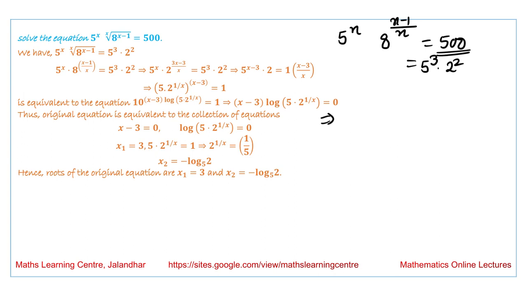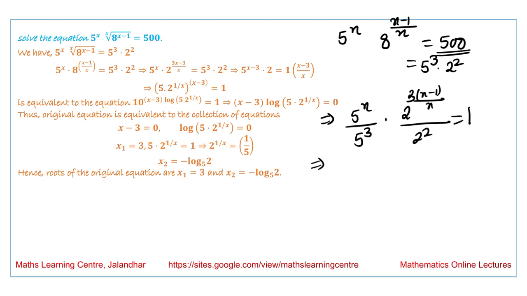So this implies that 5 raised to the power x over 5 raised to the power 3, into 2 raised to the power 3 into x minus 1 by x divided by 2 raised to the power 2 is equal to 1.